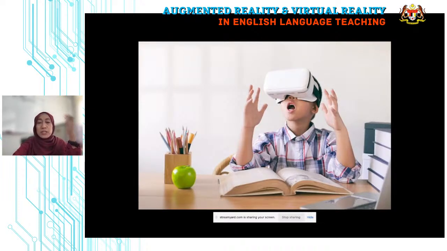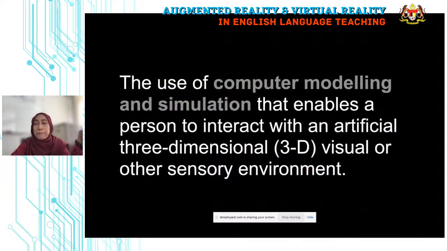So this is our first understanding of what VR is. When we talk about VR, we always say we need that VR goggle. The use of computer modeling and simulation that enables a person to interact with an artificial three-dimensional, or 3D, visual or other sensory environment is how we define VR.